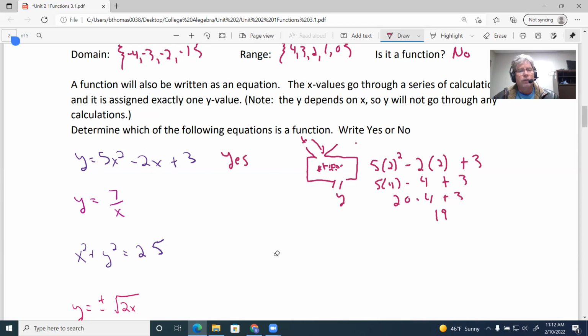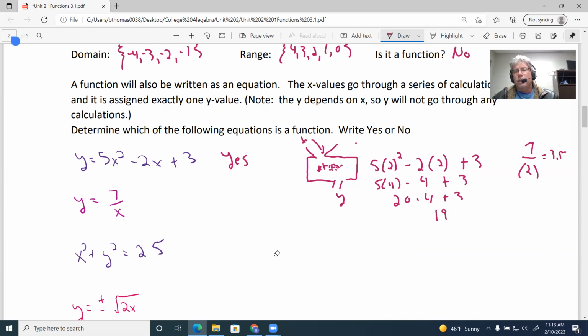If I look at y equals 7 over x, notice we have a domain restriction: x cannot equal 0. But if I leave that out and look at the rule, 7 divided by some number, I can pick any number I want. Say I pick 2. 7 divided by 2 is maybe 3.5 or something.